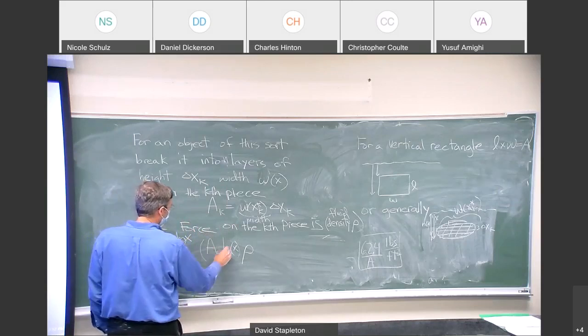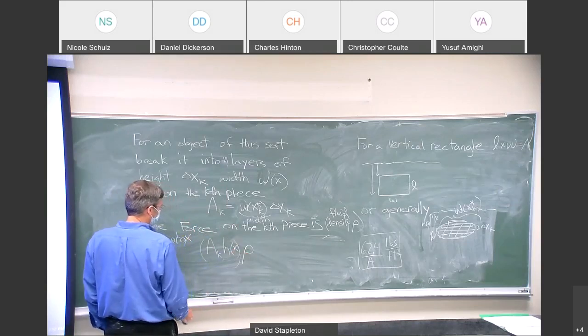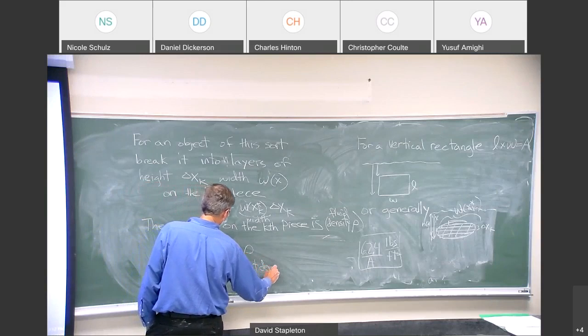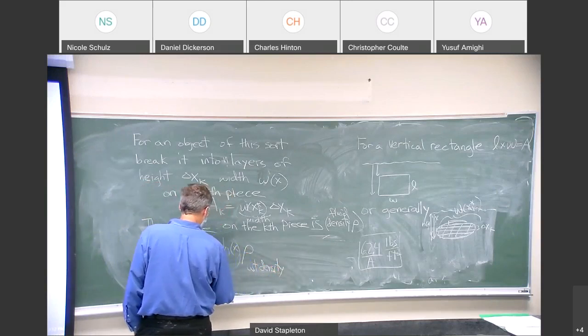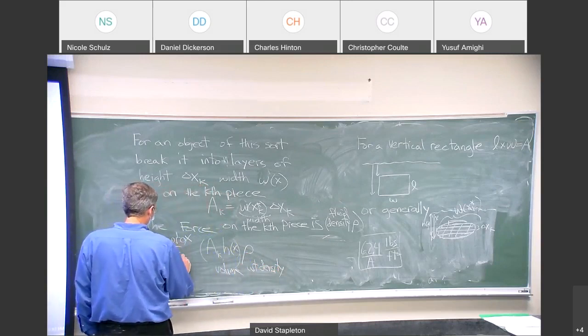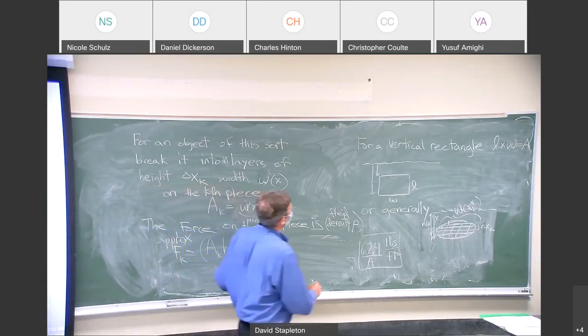So it's the volume times the density, the weight density, gives you the weight of force on the kth piece, Fk.